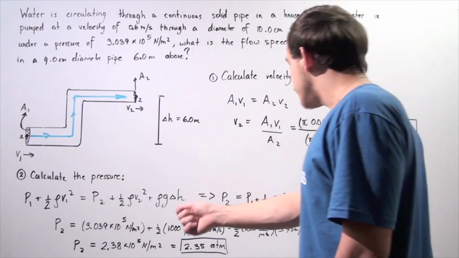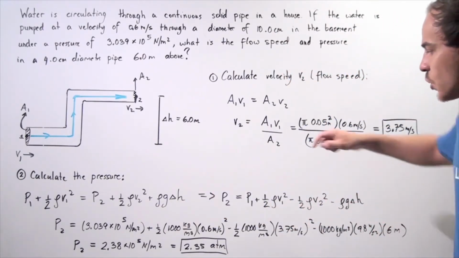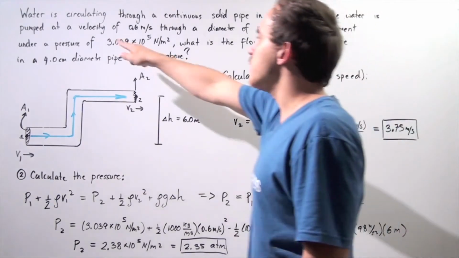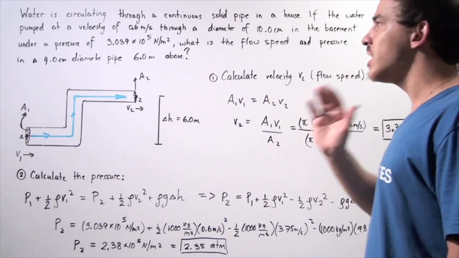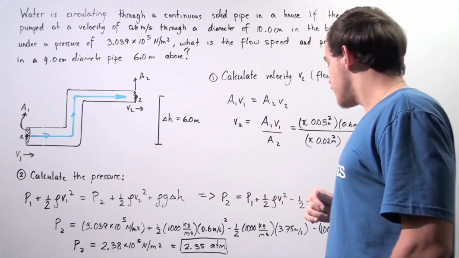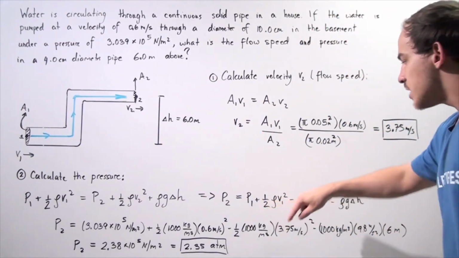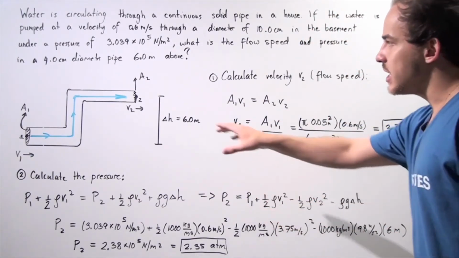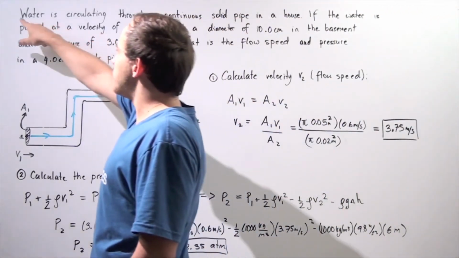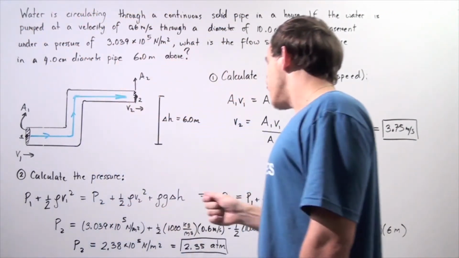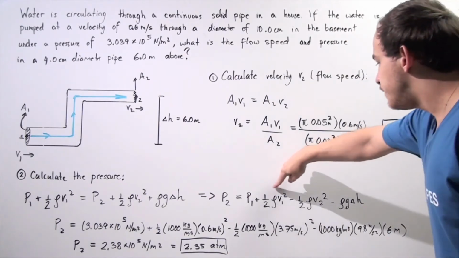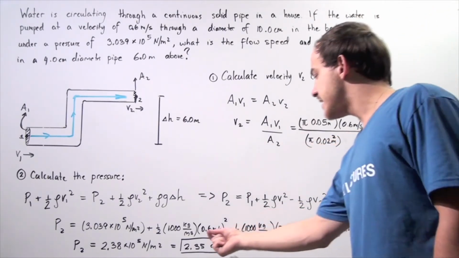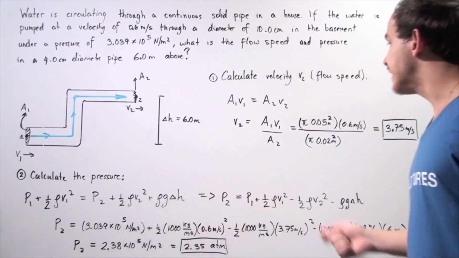Now, let's actually plug in our values. So we know P1 is 3.039 times 10 to the 5 newtons per meter squared, which is 3 atmospheres of pressure, plus 1/2 our density of the fluid, and since we assume it's water, the density is simply 1,000 kilograms per meter cubed. Now, our V1 squared is simply 0.6 meters per second squared.